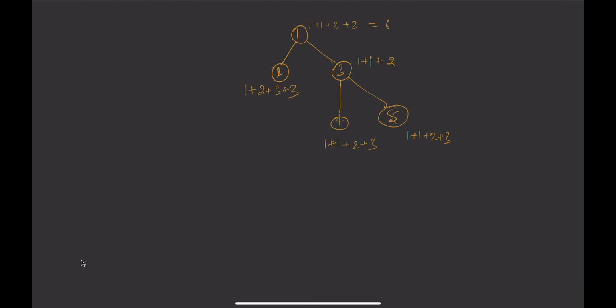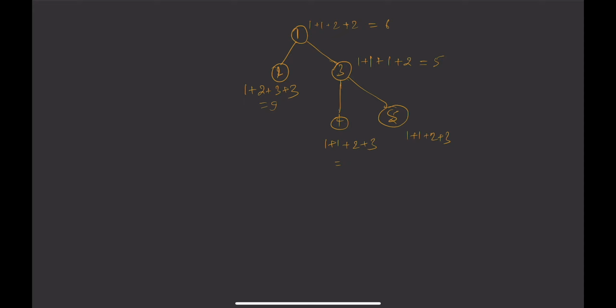I think, yeah. So for 3 it is 1 plus 1 plus 1 plus 1 plus 1, plus from 2 it is 2, 5 it is 9.